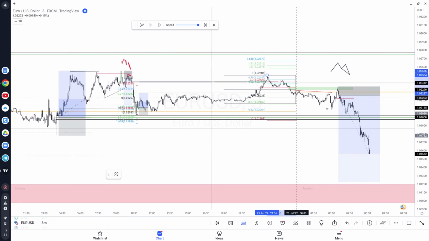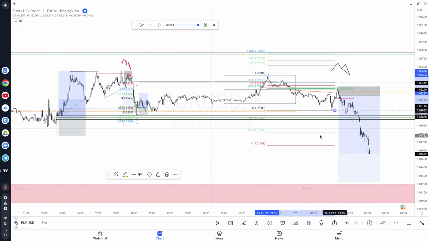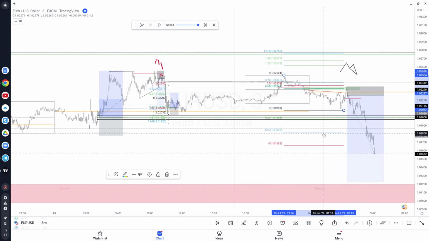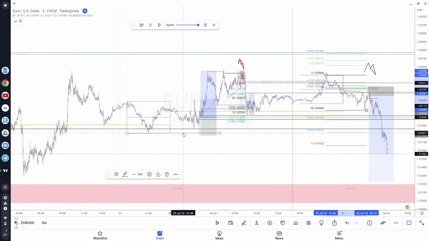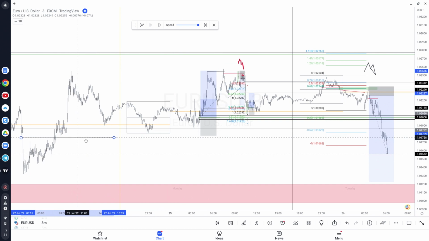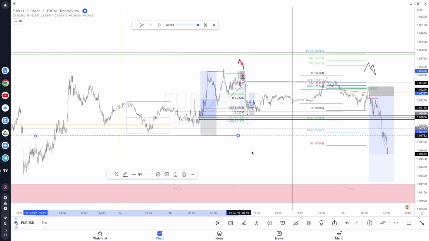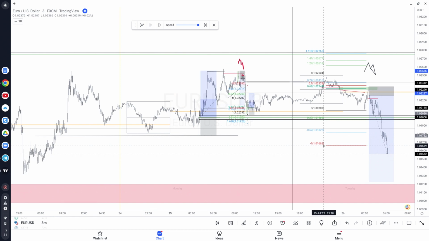If we use fib extension for targets, here's that 62. Remember, we use the extensions with liquidity pools. So 62 aligns with where these equal lows are here. This low all the way over, string it out. And then the full price swing doesn't really align with anything.